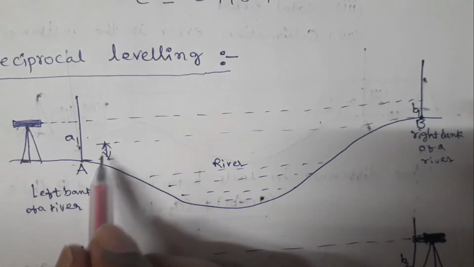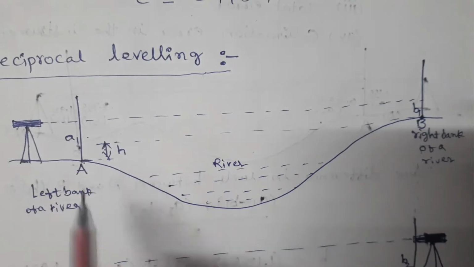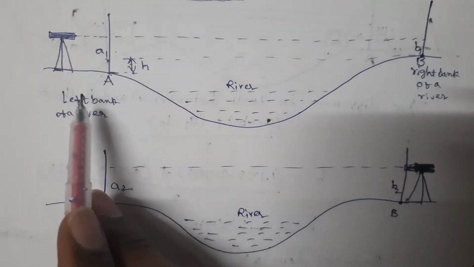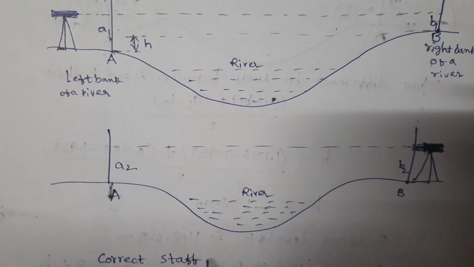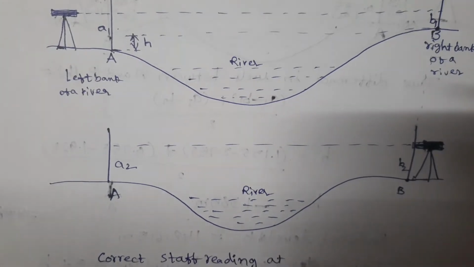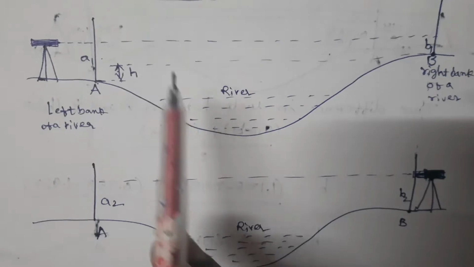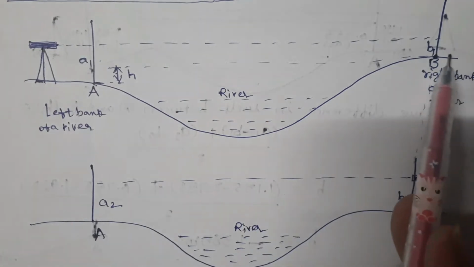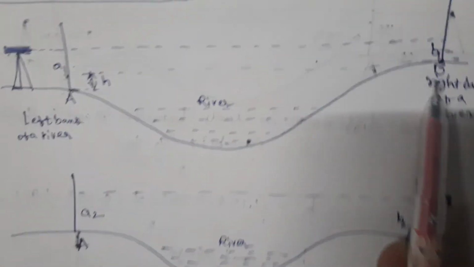This is the true level difference between A and B points. Say it is H. When the instrument is near to A, the correct staff reading at A is equal to A1. The staff reading observed on B, when the instrument is near to A, is B1.